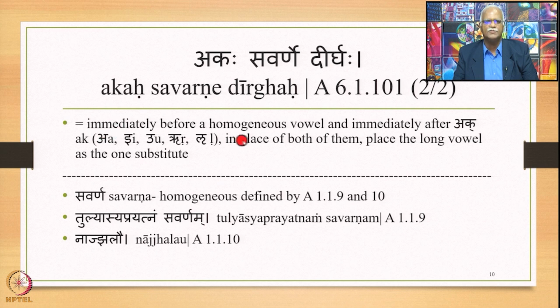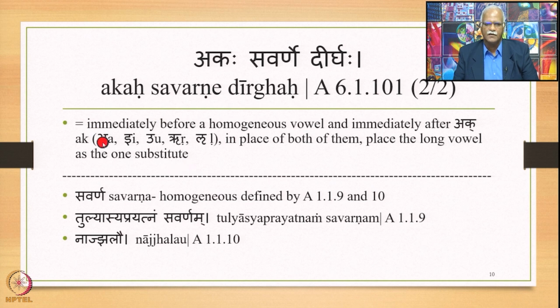Immediately before a homogeneous vowel, Savarne, Achi, and immediately after Ak, that is immediately after A, I, U, Ru and Lu, Akaha. In place of both of them, Purva Parayoho, place the long vowel as the one substitute. This is the meaning of Akas Savarne Dirghaha.